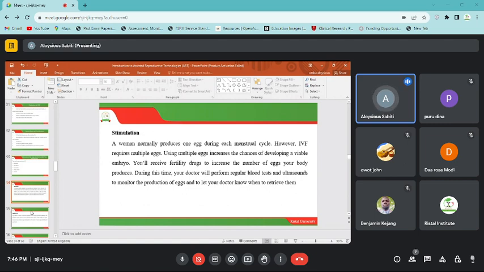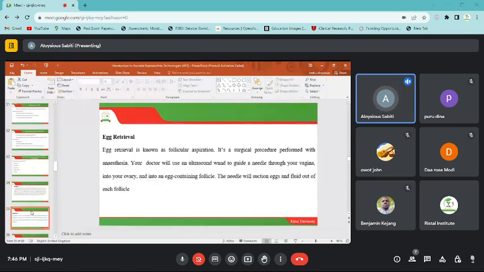So, like we said, there are different tablets or medication that would be given so that this stimulation process of producing more eggs can occur. Then after that, after the doctor realizes that these ova are mature, then the egg retrieval is done.